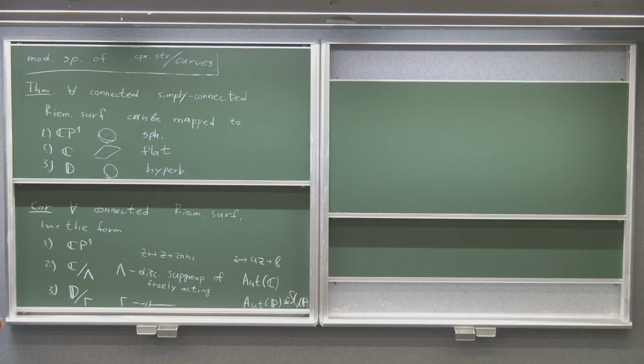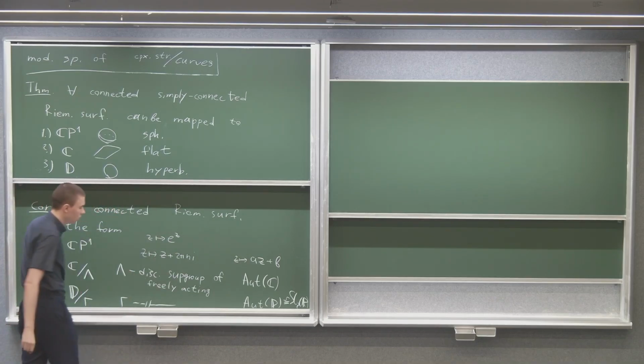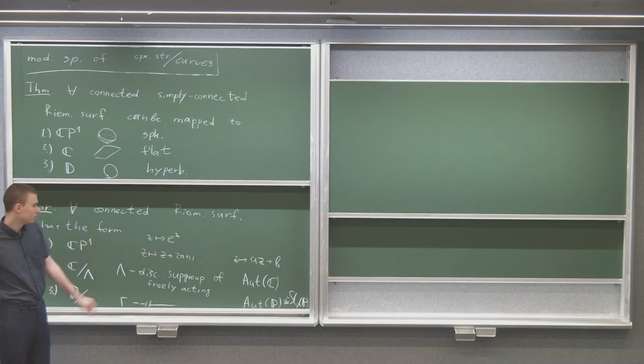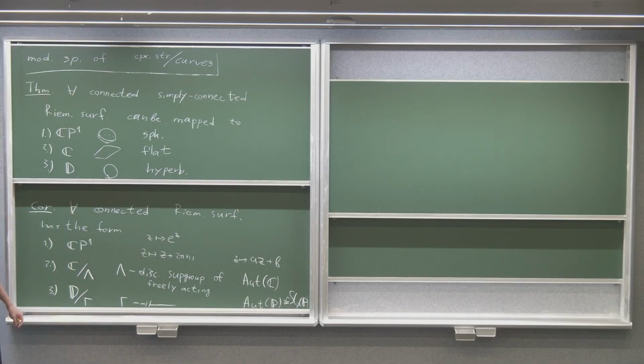And in this case, the map z goes to e to the z with this kind of quotient guarantees that this map is 1-to-1. This makes this quotient into a Riemann surface that is equivalent to C star, just the complex plane with the zero removed. So that's a very simple Riemann surface.